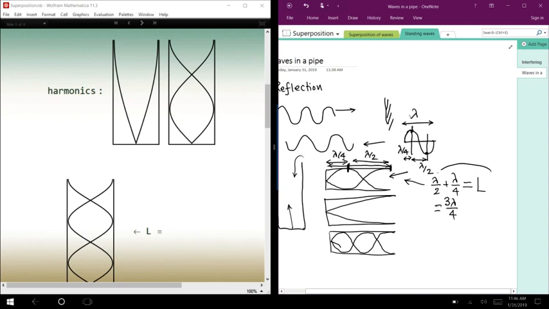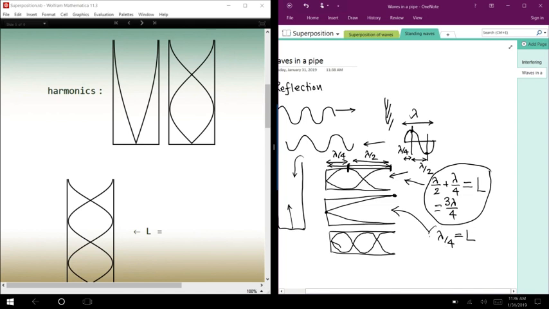Okay, so that's for this first figure. For this second figure, it looks like it's just lambda over 4 equals L, right? This part, so L is the full length of the pipe, and the distance from the first node to the first antinode is equal to a fourth of the wavelength.